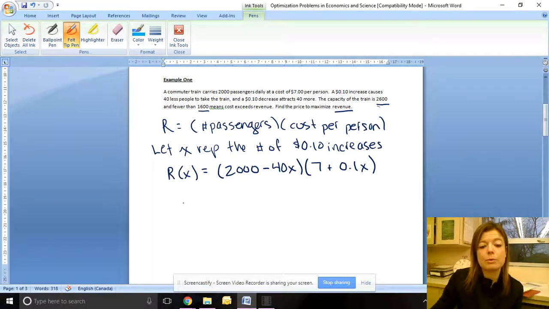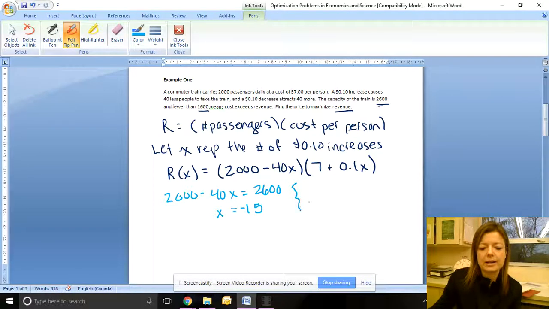So if we set it equal to our max and our min number of passengers, we will find our restrictions for X. So for example, 2,000 minus 40X equals 2,600. Solving this equation will tell us the number of price changes that give us 2,600 passengers. And if you solve this, you get negative 15. It makes sense that it's negative because our number of passengers went up, so that means we must have been decreasing the price, so a negative increase.